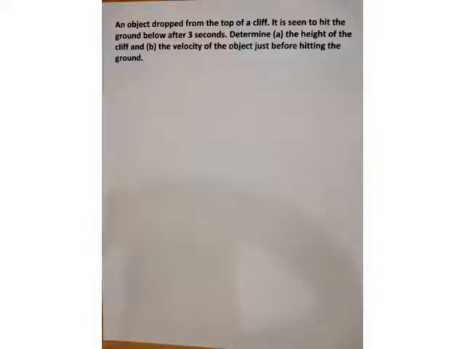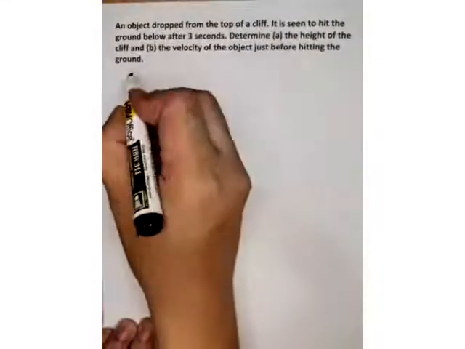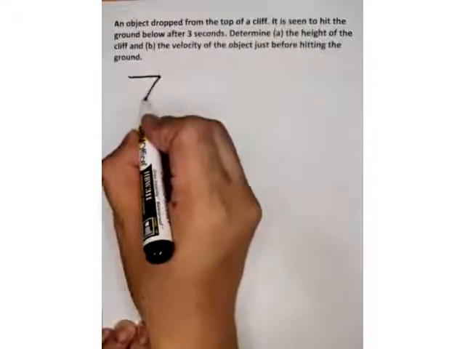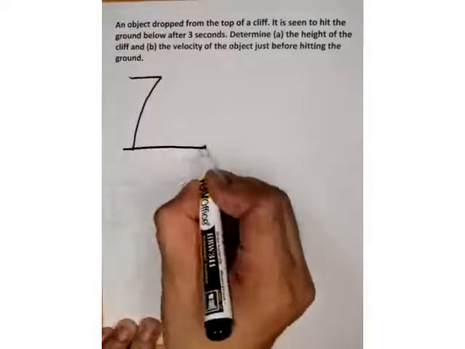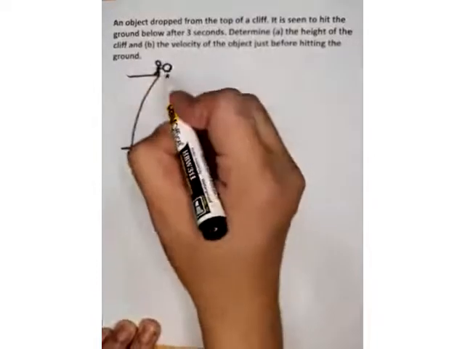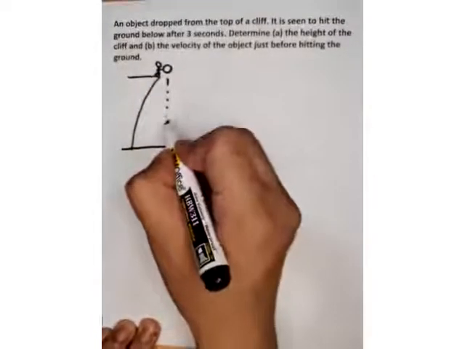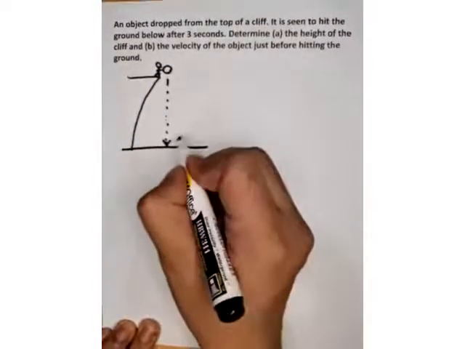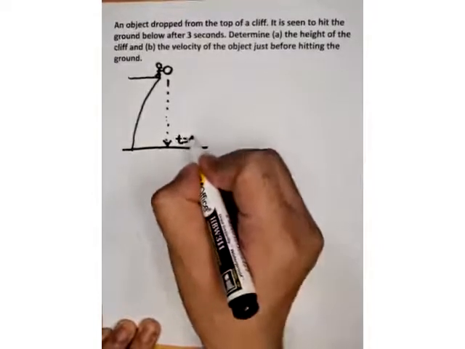Ready? Okay. An object dropped from the top of a cliff is seen to hit the ground below after 3 seconds. So if we have a cliff, let's say this is the cliff, then an object was thrown, and the time for it to reach the ground is 3 seconds.